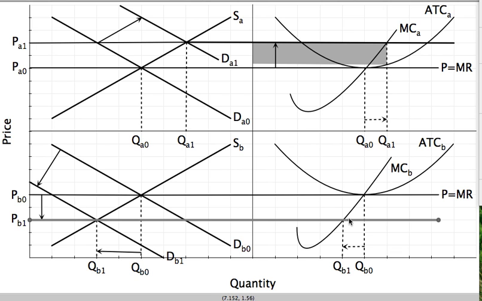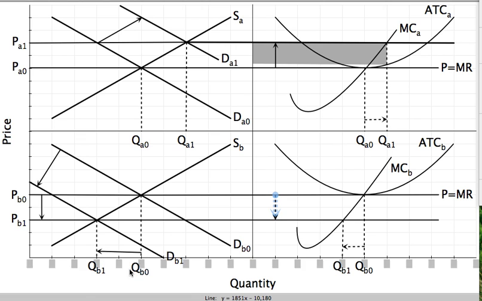So as the price falls, and we show the price falling here, we are going to move along the supply curve, my marginal cost curve, until we get to the point where marginal revenue equals marginal cost. So the output level is going to shrink. Here's our original output level, and here's the new output level. So industry-wide, we see a decrease in quantity, but at the individual firm level, we see the same thing.